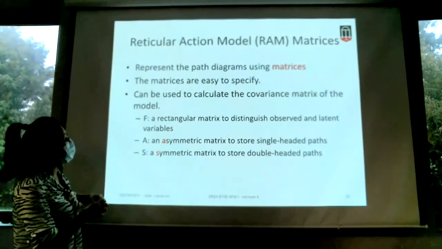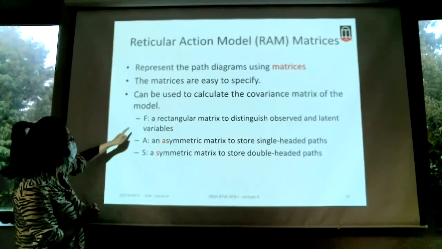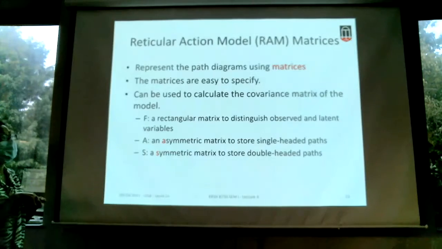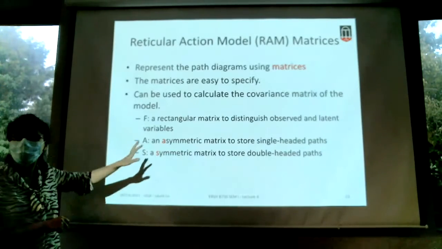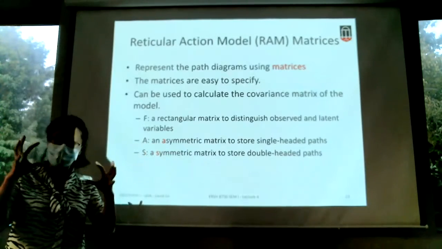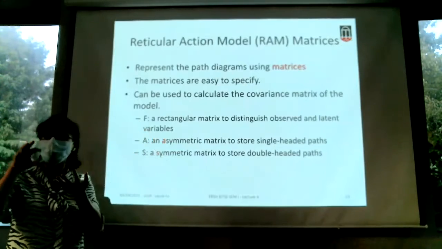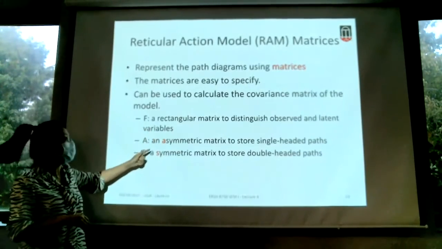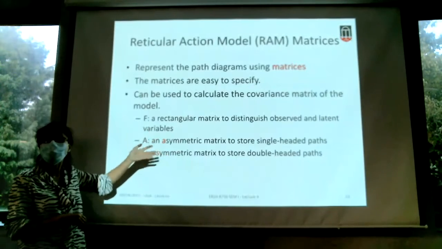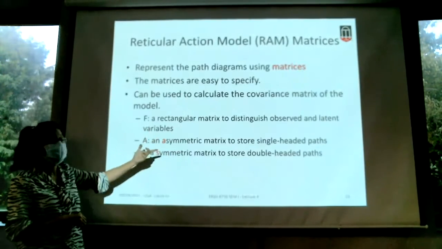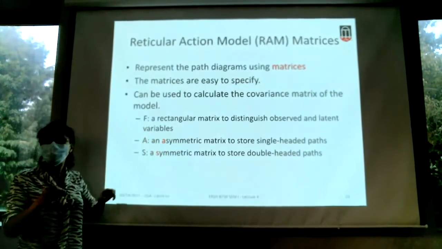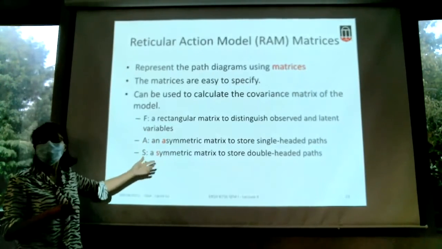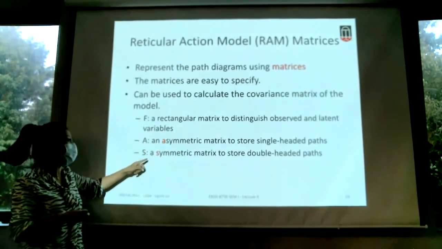So let's look at these three matrices. F is a rectangular matrix to distinguish observed and latent variables. I will tell you which are the observed variables in the model and which are latent variables. A is short for asymmetric, the first letter of asymmetric. It stores all single-headed arrows. And S is short for symmetric, the first letter of symmetric.